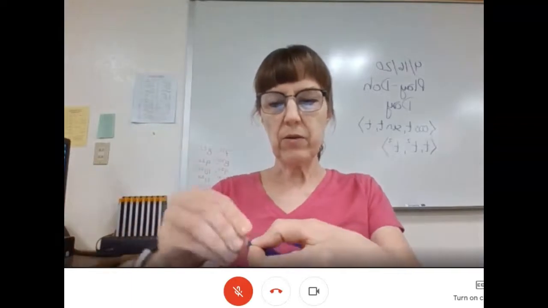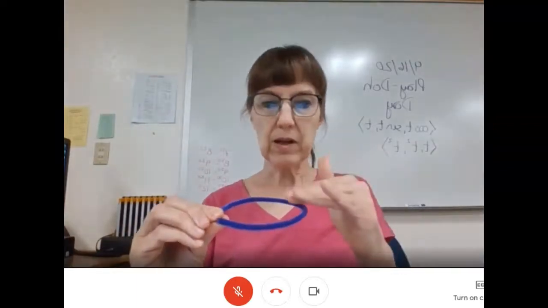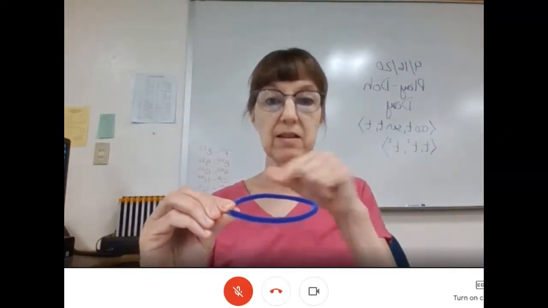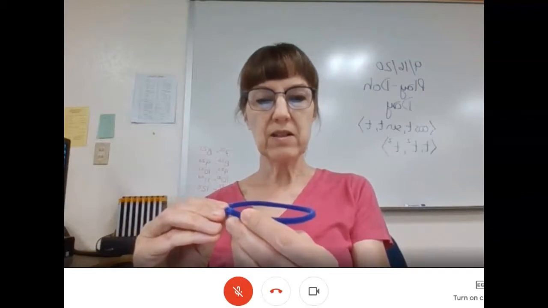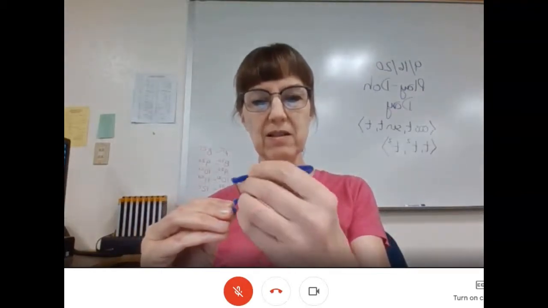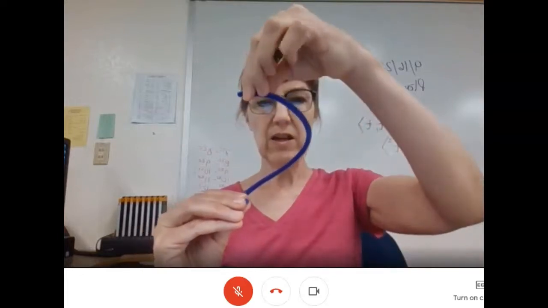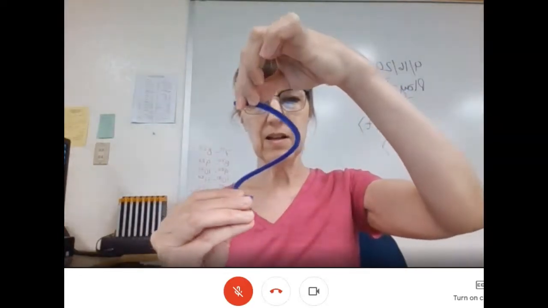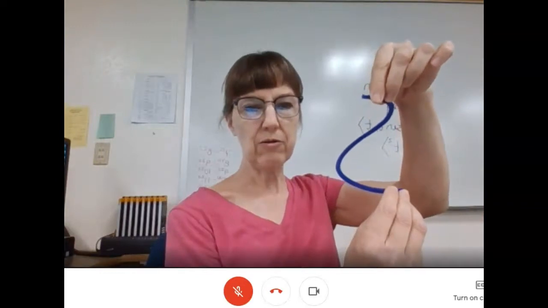The z value, if I'm just in the xy plane, this is cosine t, sine t, and t equals 0. But if z equals t, that means as t grows, so is the distance above the xy plane, and I get a helix, a spiral.